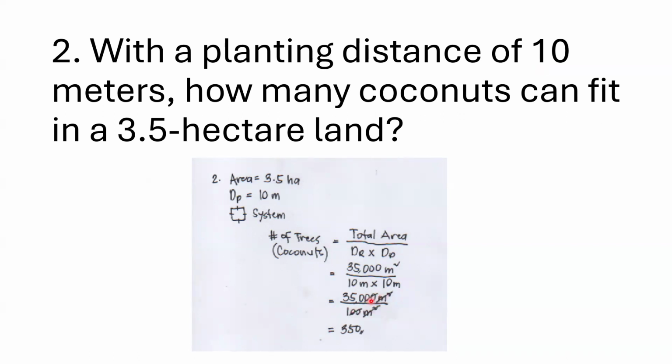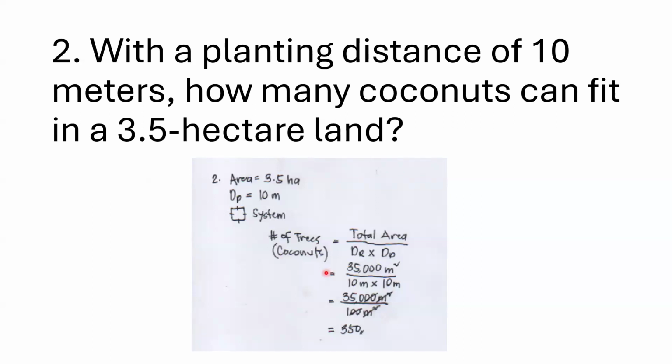Dalawang zero sa numerator, remove. Ang natira, 350 over 1. 350 divided by 1 is 350. So in a 3.5 hectare land with a planting distance of 10 meters, you can fit 350 coconuts. Madali lang, no?